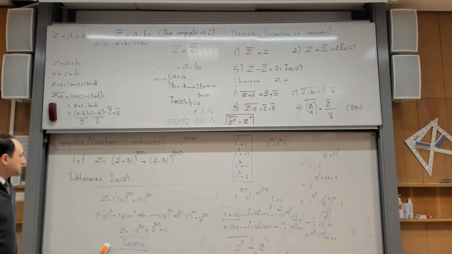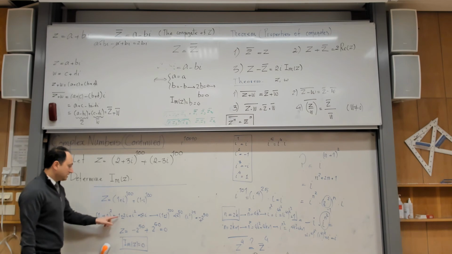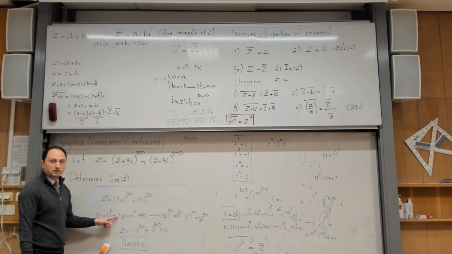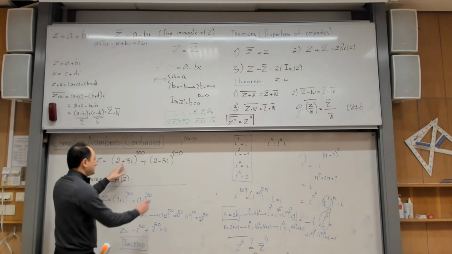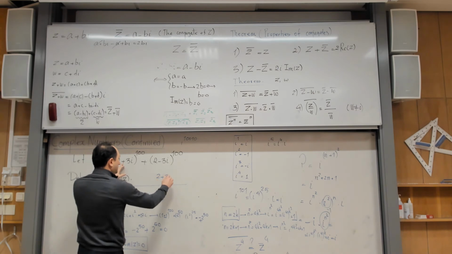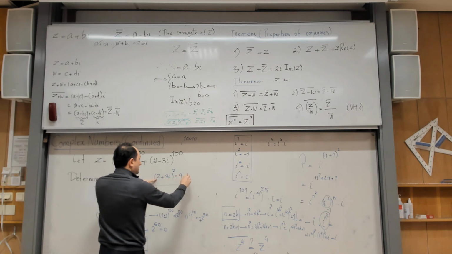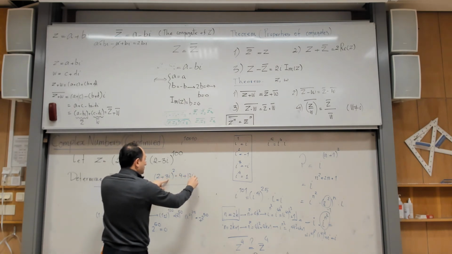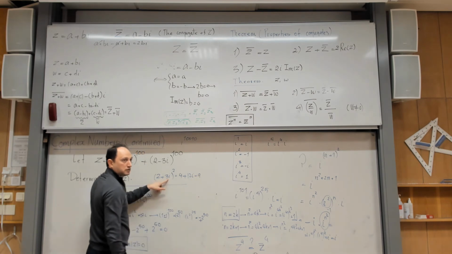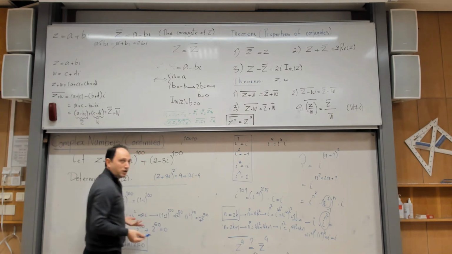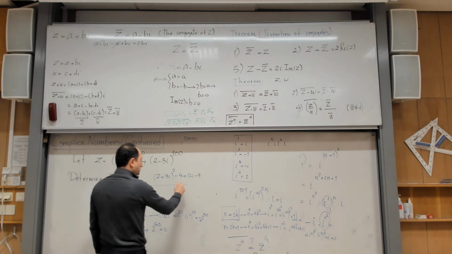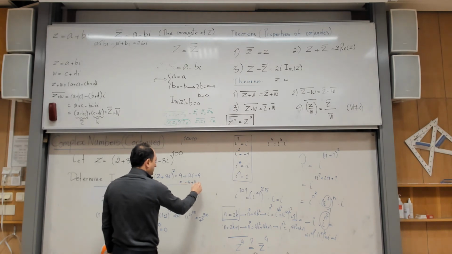The reason is because it was a coincidence that I had this cancellation here. If I want to do the same thing here, 2 to the power of 2 plus 3i to the power of 2, it becomes the first one squared, 2 times the first one times the second one, and the second one squared becomes -9. But 4 and -9 are not cancelled, so it becomes -5 plus 12i.